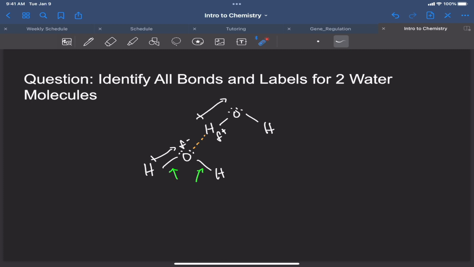They're still different charges. Even though they're partial charges, they still have some charge. It's just not a full charge. But they're still different partial charges. So there's going to be some attraction.